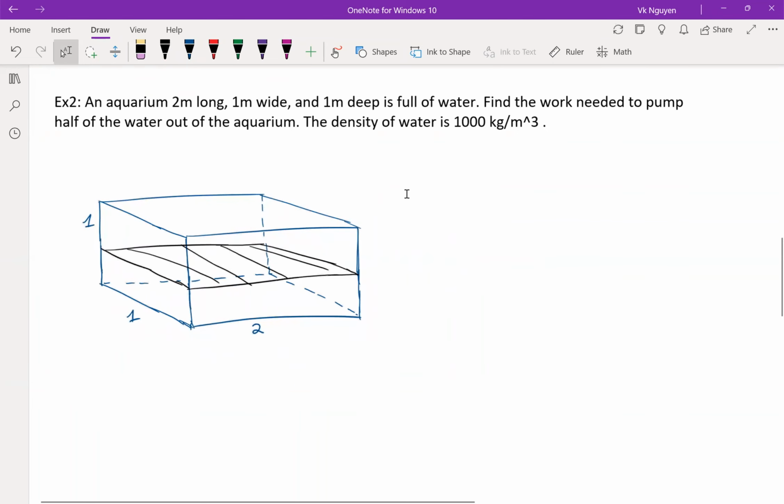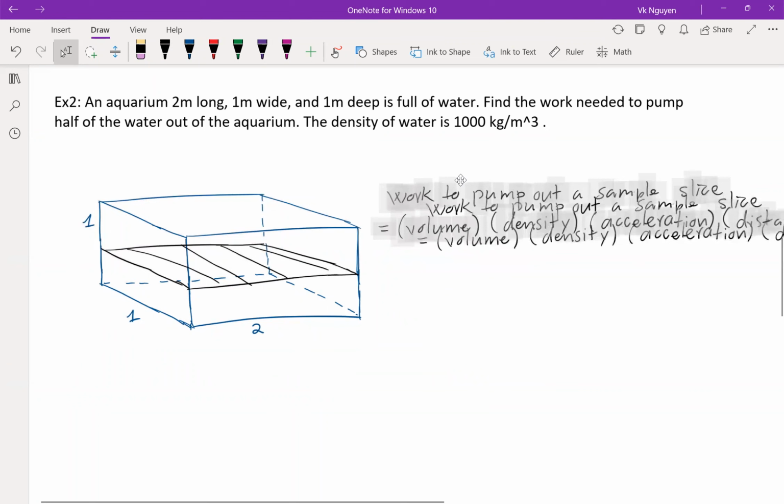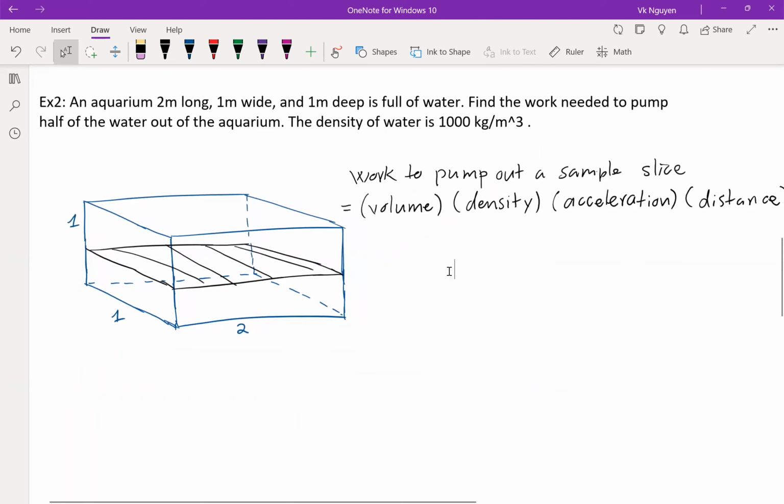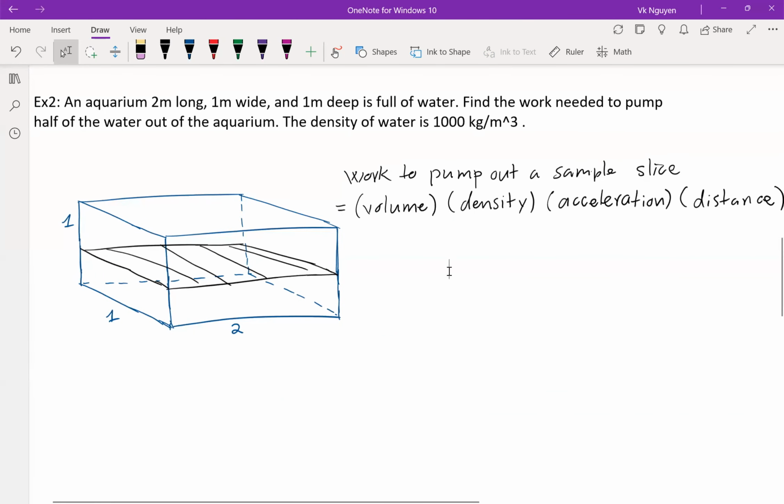The work to pump out a sample slice is the same formula. Work is volume times density times acceleration times distance.